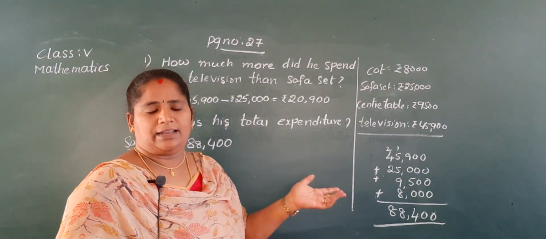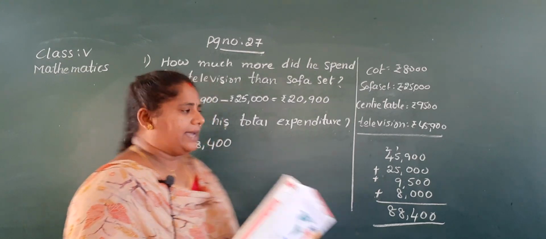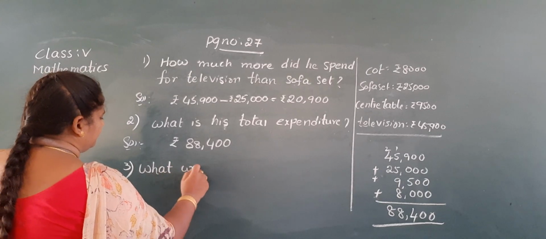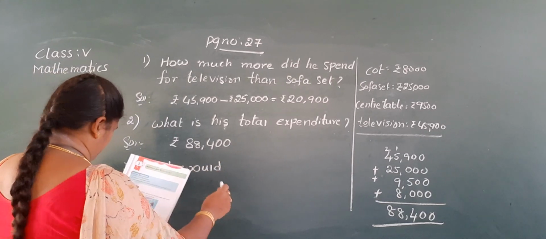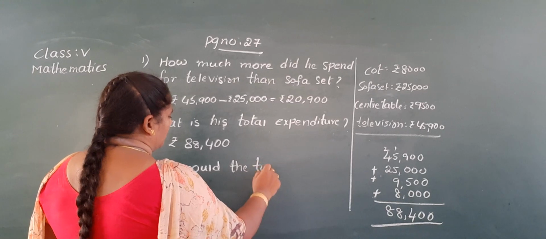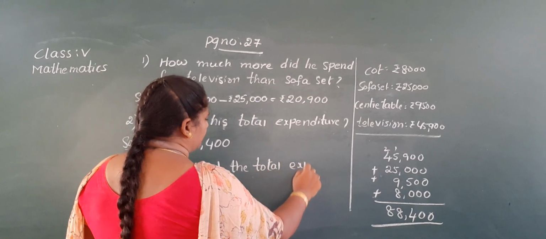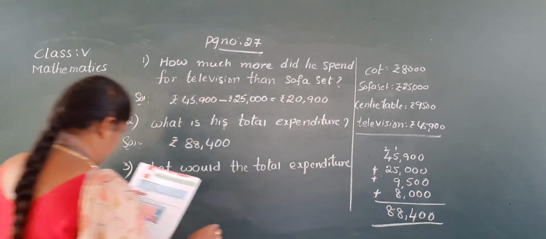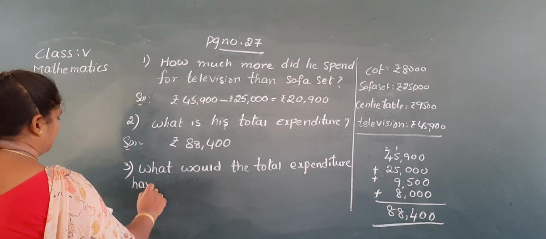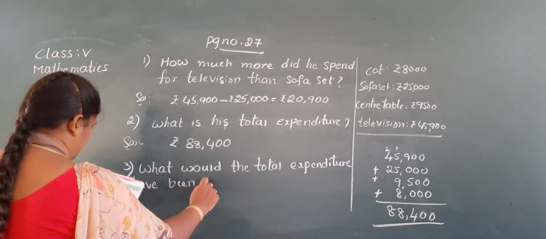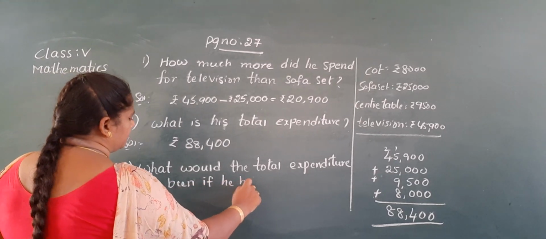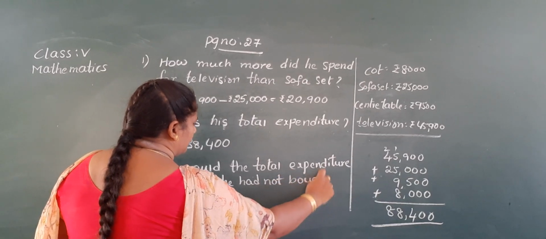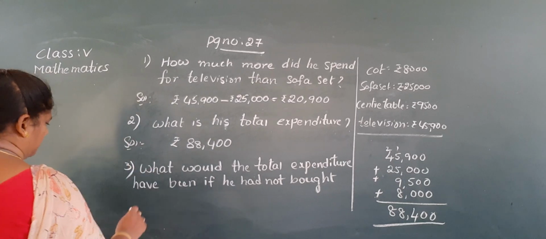Then we will get the total amount of the remaining items. So the third question is, what would the total expenditure have been if we had not bought the cot?